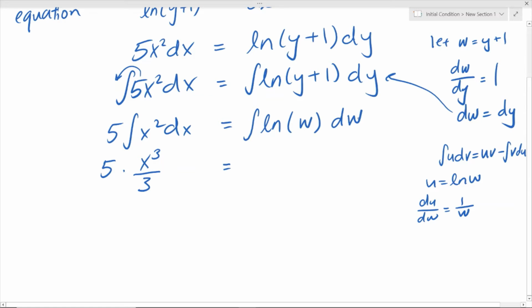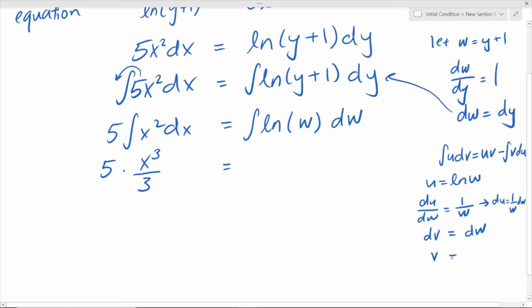And then dv is going to be this part here. dv is going to be equal to dw. So here, by the way, du is going to be equal to 1 over w times dw, like that. And then we have v, we have to find v, right?